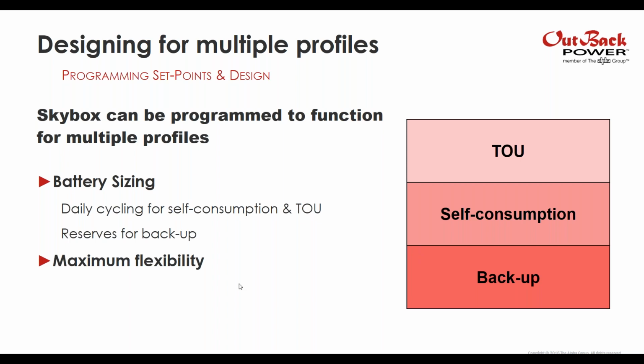And then you would have different percentages of the battery available for each one of those applications. So you do your daily cycling with self-consumption or time of use, and then you'd have set some reserve. In this case, I'm showing in my cartoon 33% of my battery is reserved for backup. But the important thing to note there is you have full flexibility and control over how you set that up.